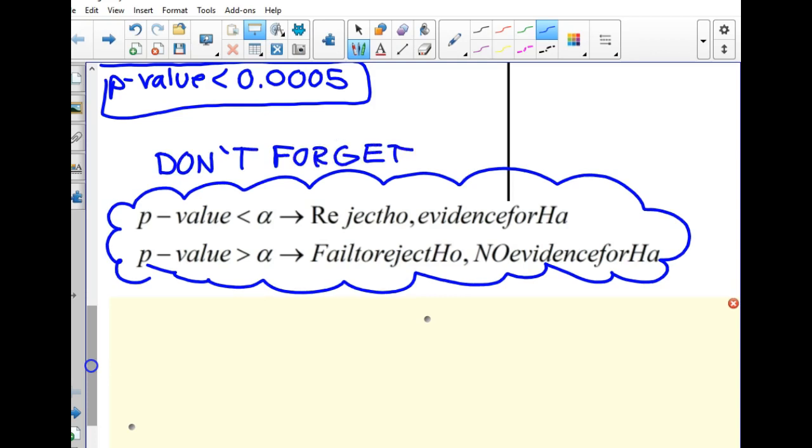If your p-value is less than alpha, this says I reject the H naught, I have evidence for the HA. If your p-value is greater than alpha, we fail to reject H naught. We have no evidence for HA. I'll leave this up here for a little bit and then I'll put the actual conclusion down.